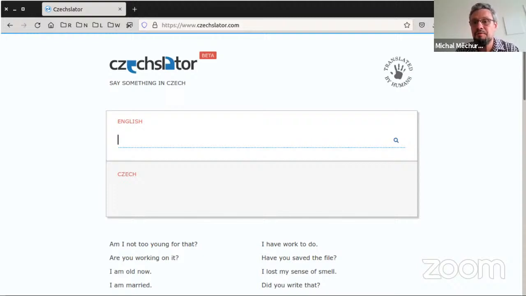And some of the machinery behind CheckSlater has been implemented in GF, and I'll talk about that later. But now I just want to take you on a short guided tour through the user interface, right? So let's have a bit of a demo.